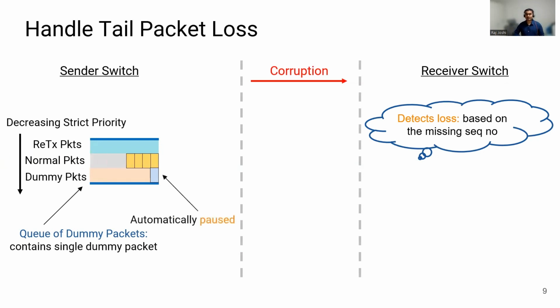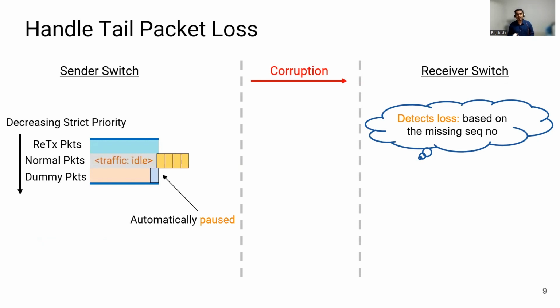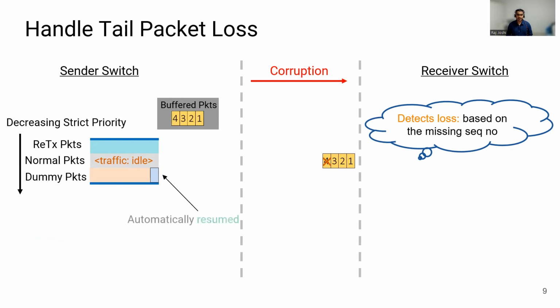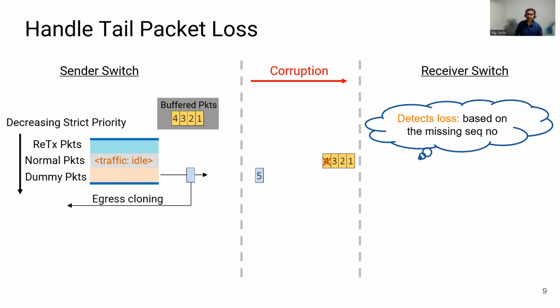Now when there is normal traffic, this queue is automatically paused because it's lowest priority. However, whenever the traffic goes idle and there is a tail packet loss, the dummy packet queue is automatically resumed. At this point, we add the next sequence number to the dummy packet and transmit it on the corrupting link. We also create a copy of the dummy packet and put it back into the dummy packet queue.